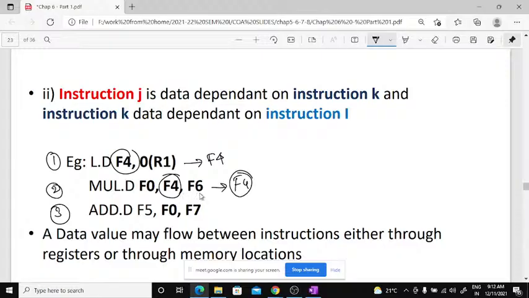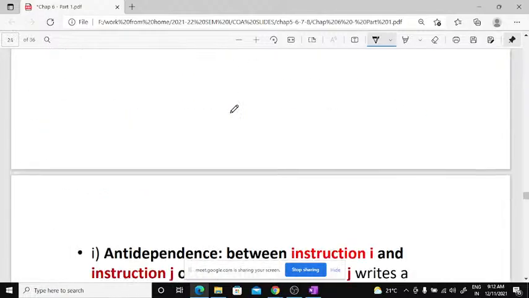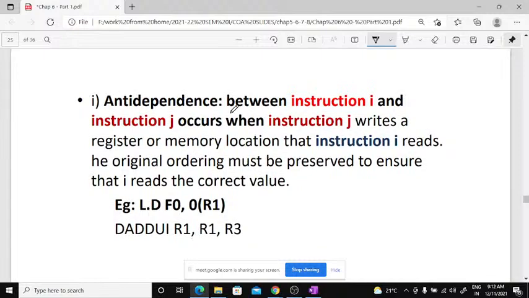Here you see F4 and F6 multiplication, and this instruction depends upon the second instruction. So the second instruction depends upon the first instruction, and the third instruction depends upon the second instruction. So there is a dependency, and because of that, delay occurs.